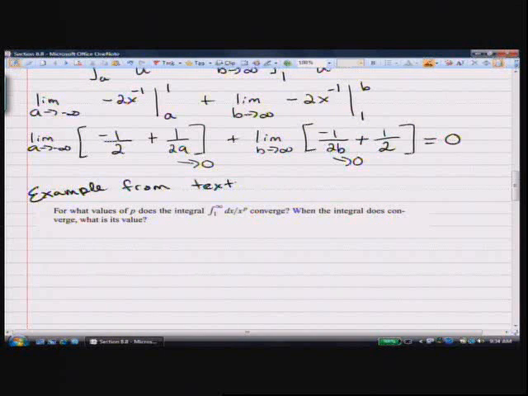This is a really popular P-series question. What if you have an integral that looks like this, from 1 to infinity of dx over x to the p, right? When will that converge, and when will it diverge? And if it converges, can we figure out what the value is?